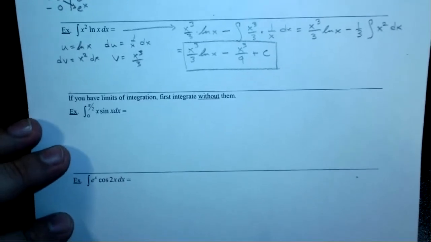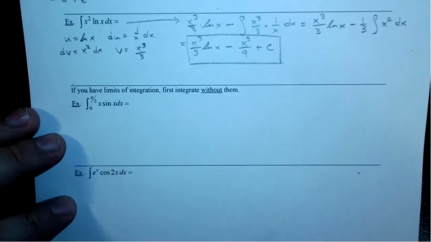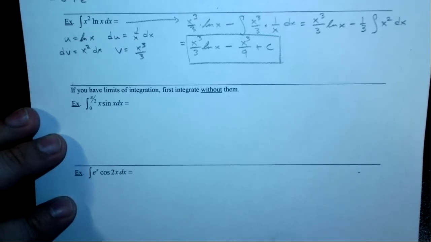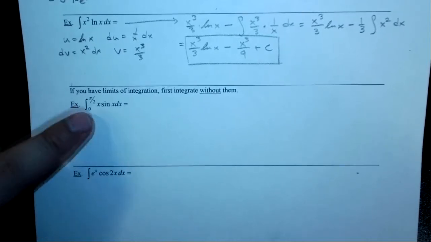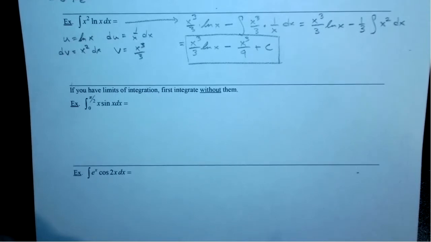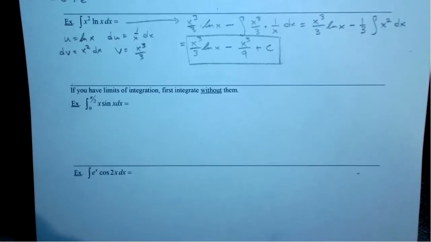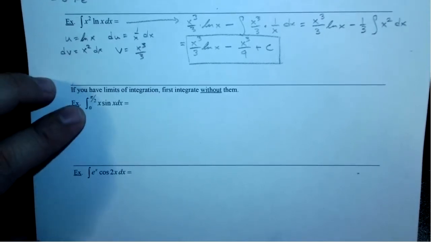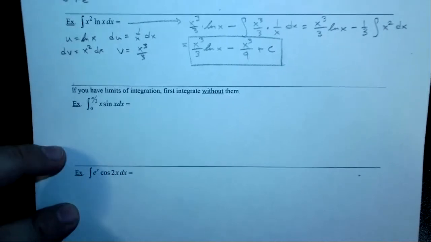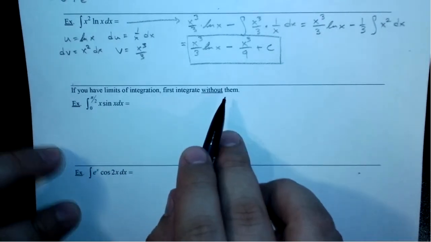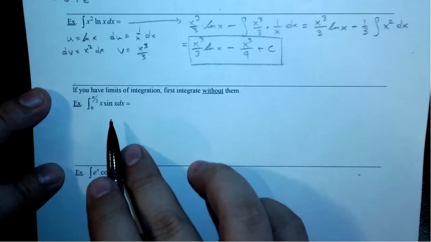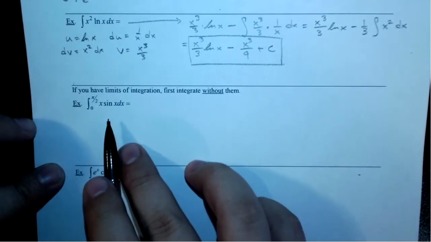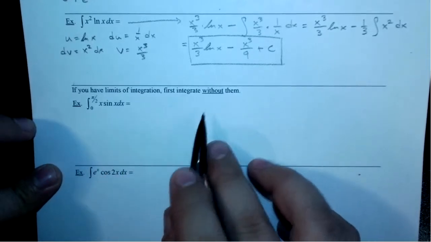So far we've been doing indefinite integrals, and those are pretty straightforward. But what happens when you get a definite integral and you have limits to worry about? Well, it says first integrate without them. So much like when you do a definite integral, you always integrate and then you evaluate.